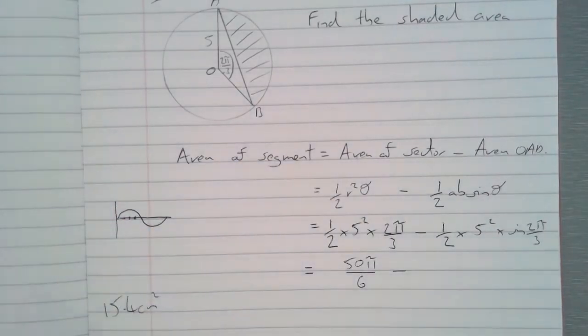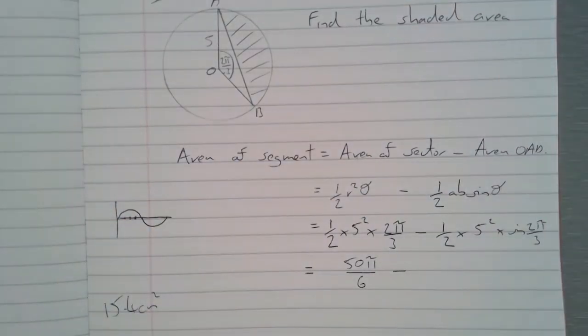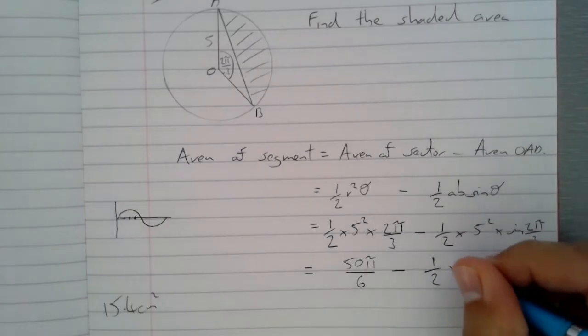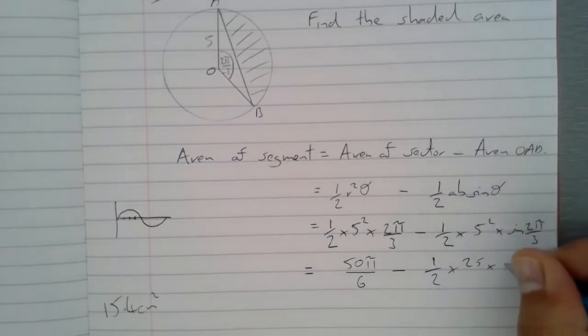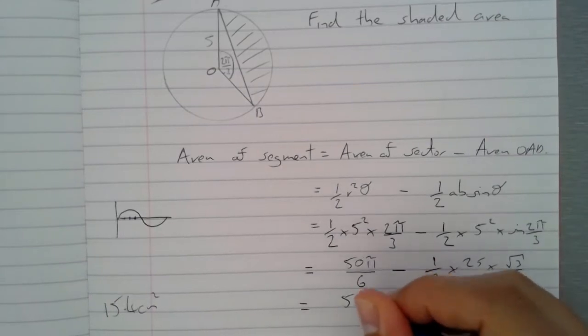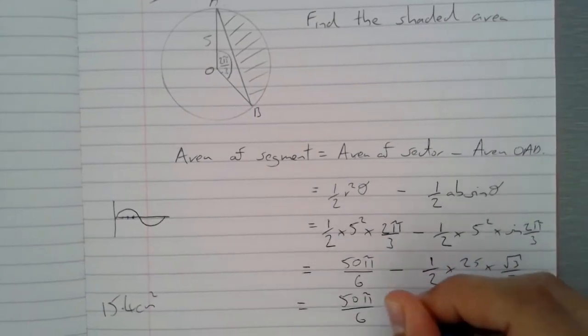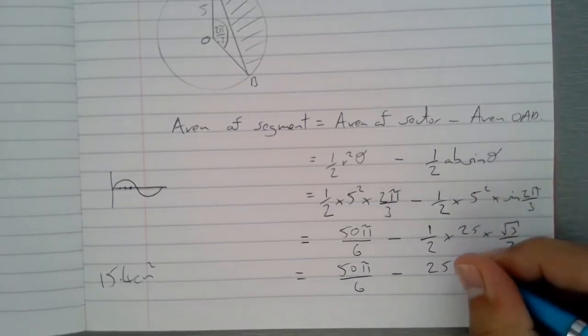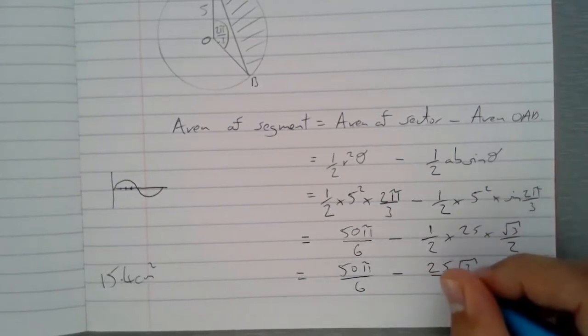So it's the same as what sine of 60 degrees would be. Sine of 60 degrees is root 3 over 2. So this is minus a half times 25 times root 3 over 2, which equals 50 pi over 6, take away 25 root 3 over 4.